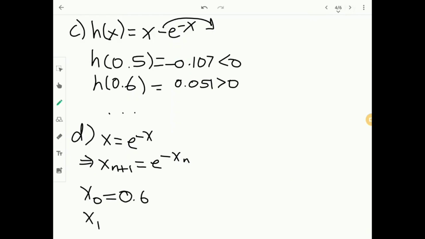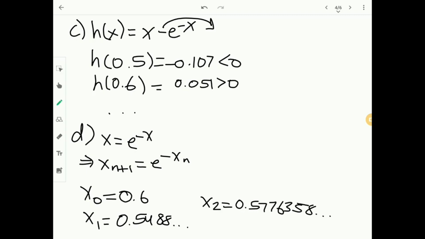We just keep approximating. We get 0.5488 and so on, and for x2 we get 0.5776358 and so on, and x3 we get 0.5612236194. These are all the numbers showing on my calculator.